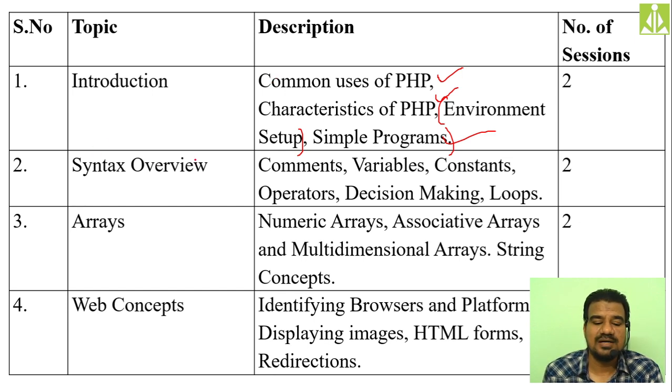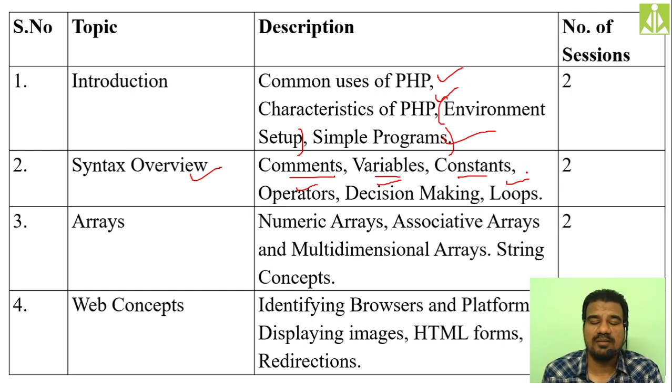Then we have the syntax overview. The comments, the variables in PHP, the constants, operators, decision making statements, and loops are all quite similar to your C language. Decision making is nothing but your if else statements.